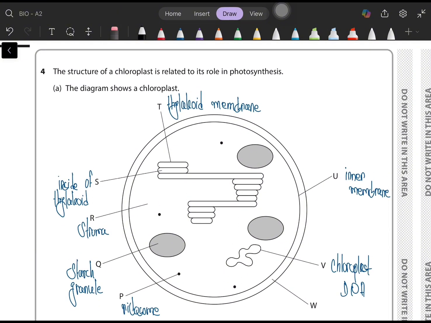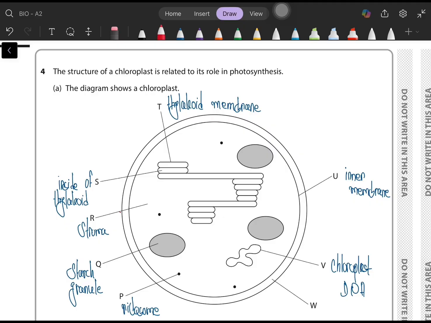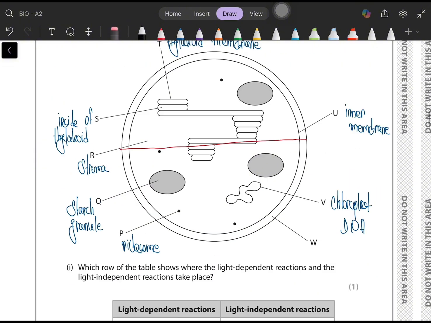I'm sorry, but there was a straight line over here. So basically, using your scale, you have to find this diameter. First of all, you have to find this diameter of the chloroplast using your scale, and then divide the diameter by 2 to find the radius.